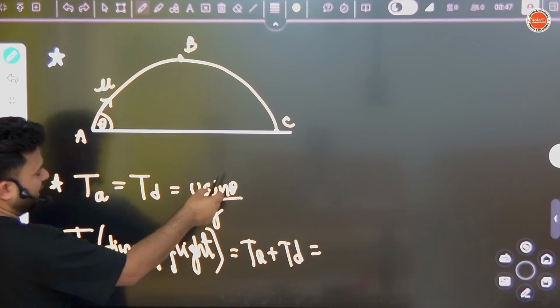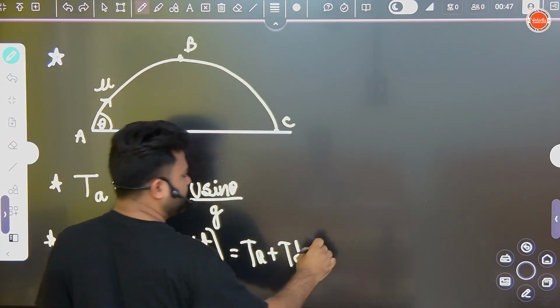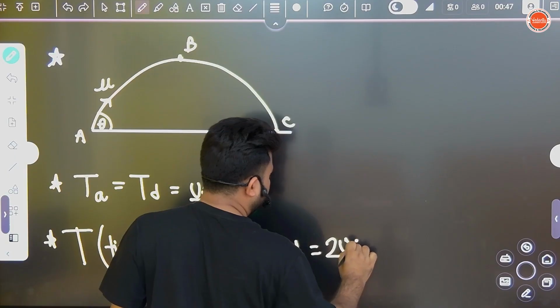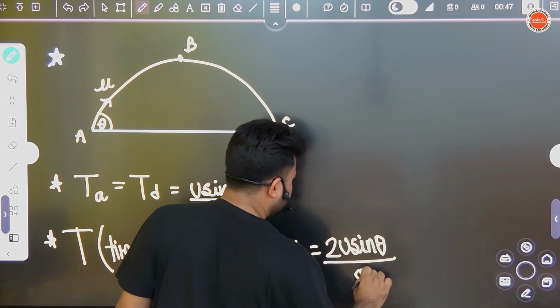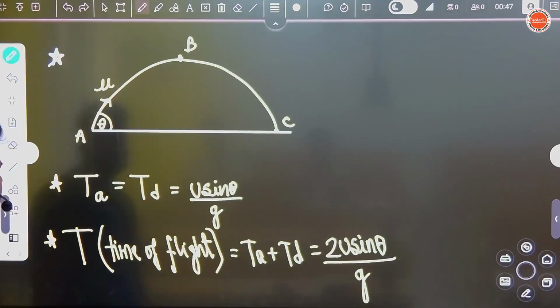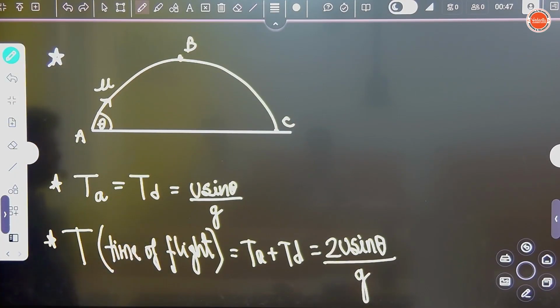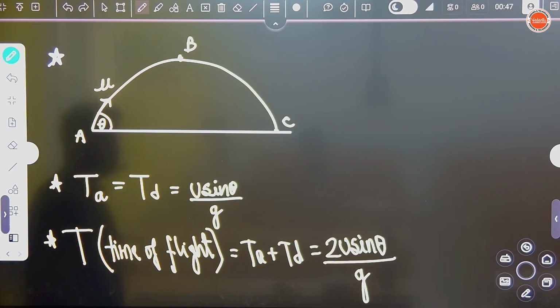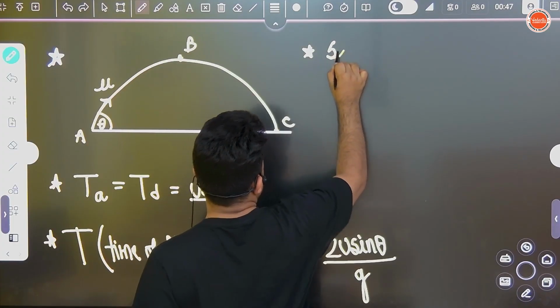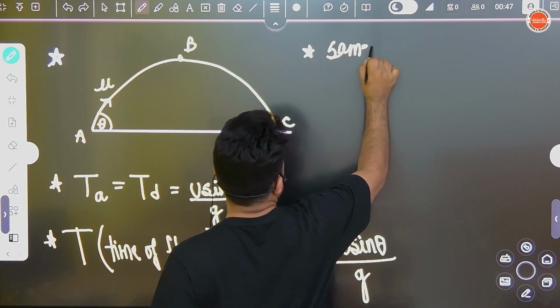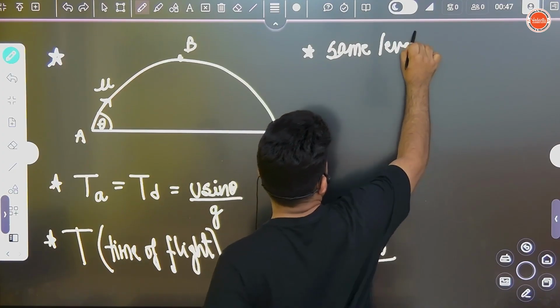Both are the same, u sin theta by g plus u sin theta by g. So 2u sin theta by g. This is the time of flight formula. Next, always remember, same level, same speed.